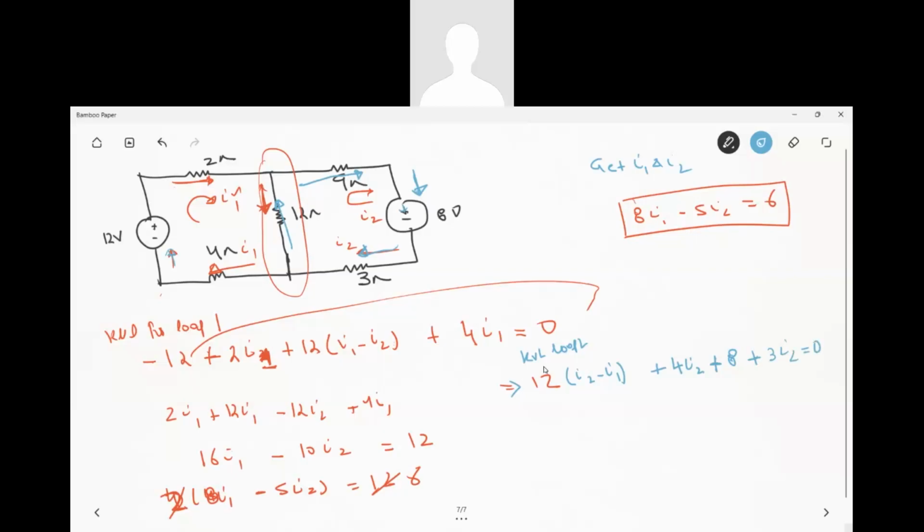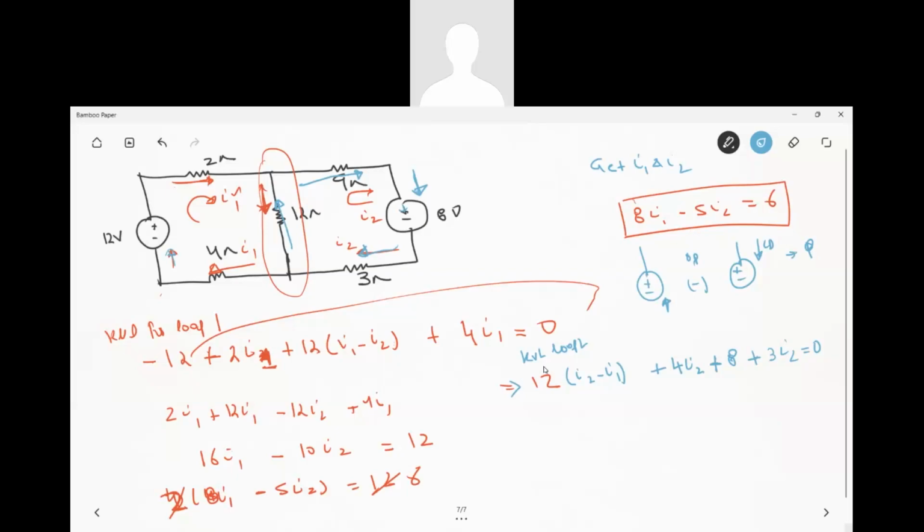Correct. Only two things you have to keep in mind. In the voltage source, if the current is entering the negative, then overall polarity is negative. If it is entering via the positive, then overall polarity is positive. See here, it is entering via the positive.